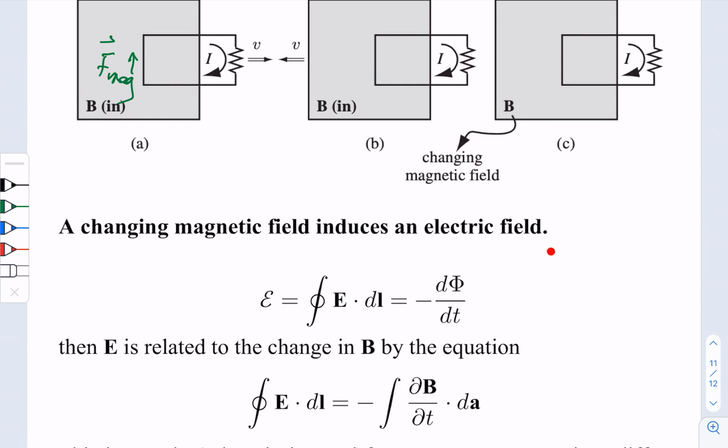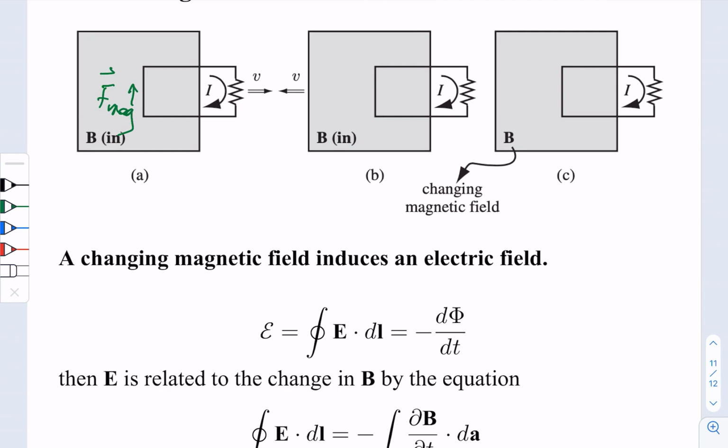This is actually what Faraday did, the three sets of experiments, and from these three sets of experiments, he summarized Faraday's law. That is, no matter what kind of mechanism causes the EMF, the change of the flux with respect to time is always related to the EMF.